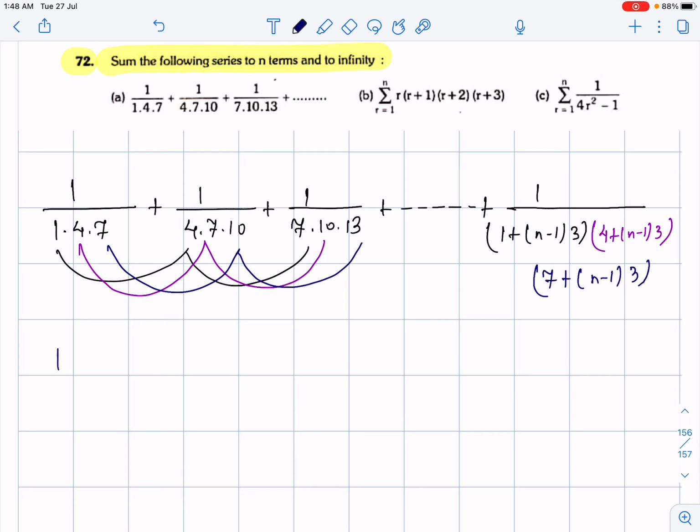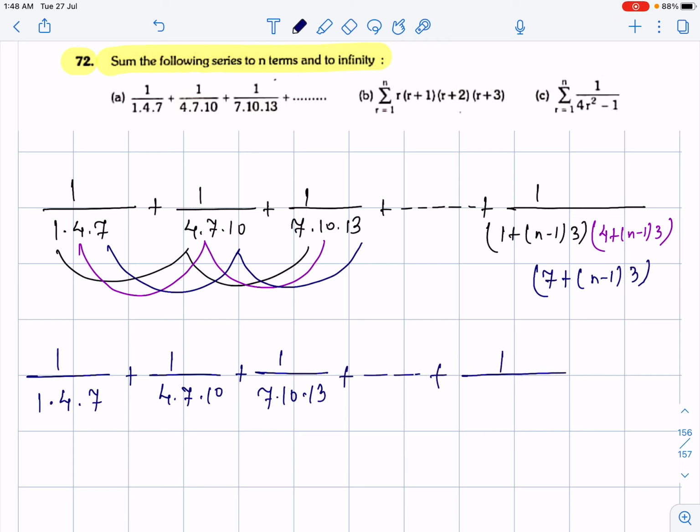So proceeding further, we write 1 by 1.4.7 plus 1 by 4.7.10 plus 1 by 7.10.13, and so on up to the nth term, which will be written like 1 upon 3n minus 2 multiplied by 3n plus 1 multiplied by 3n plus 4.